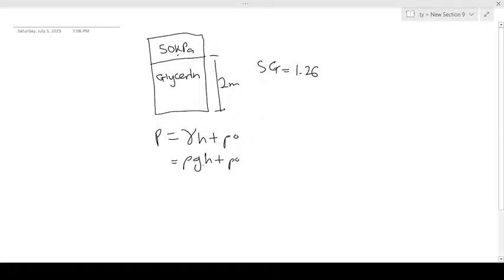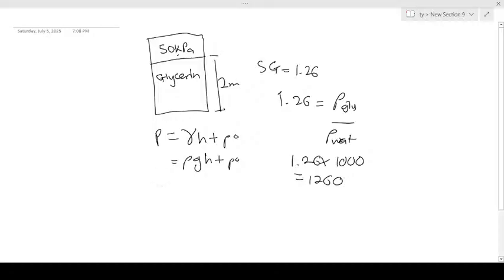We can say this specific gravity, 1.26, is equal to the density of glycerin over the density of water. So the density of glycerin is 1.26 times 1000, and you are going to get 1260.